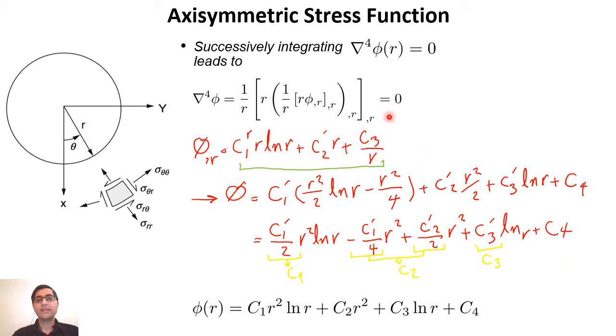So basically the axisymmetry property simplifies the equations a lot, and enabled us to analytically integrate the compatibility equation to get the form required for the Airy stress function. So we don't need to guess that anymore.